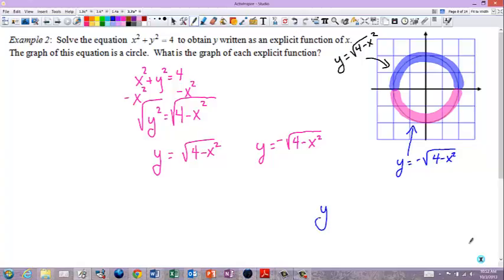The equation of a semicircle is y equals the square root of r squared minus x squared, where r is the radius of the circle, and it's centered at 0, 0. Right here, the radius is 2 in this case because that's a 4.